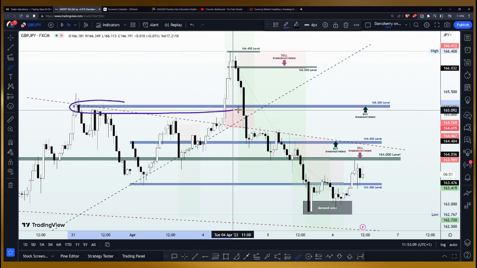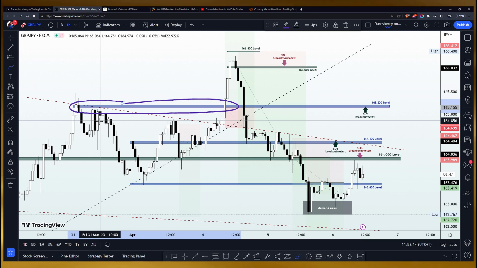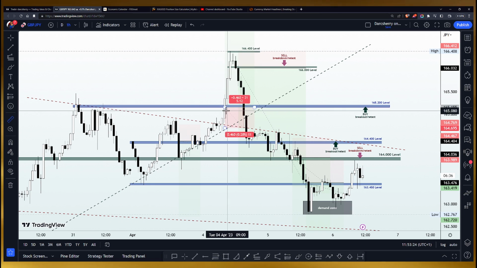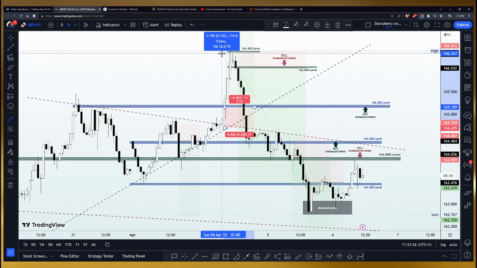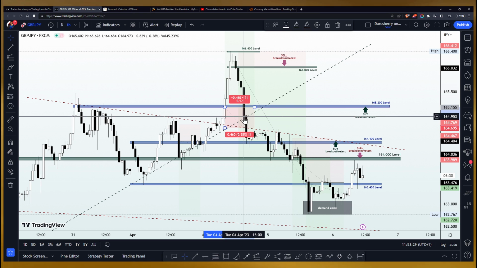Remember, we had this resistance line at the 165.200 level, and you all know whenever we have a breakout of a structure, we are looking out for a buying opportunity. As a result, we had our buy stop order above that level, and price action moved about 120 pips in our favor before this bearish move happened.